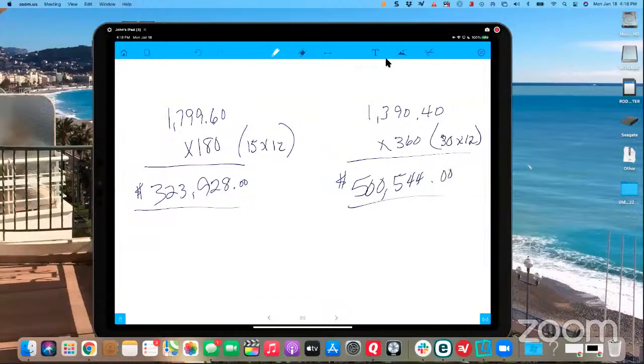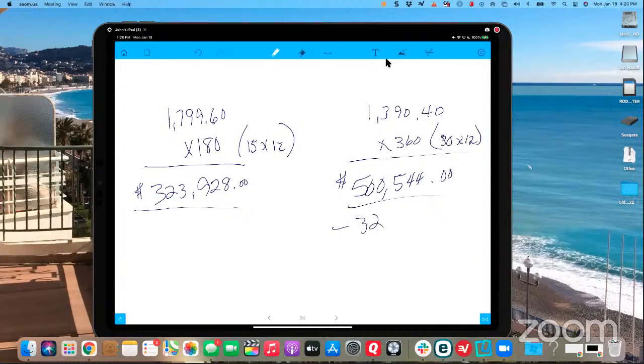And I'm just telling you now, double check your math, because so many students can make mistakes, including your teacher, by hitting the wrong number. 1,799.60 times 180 is 323,928 and 1,390.40 times 360 months is 500,544.